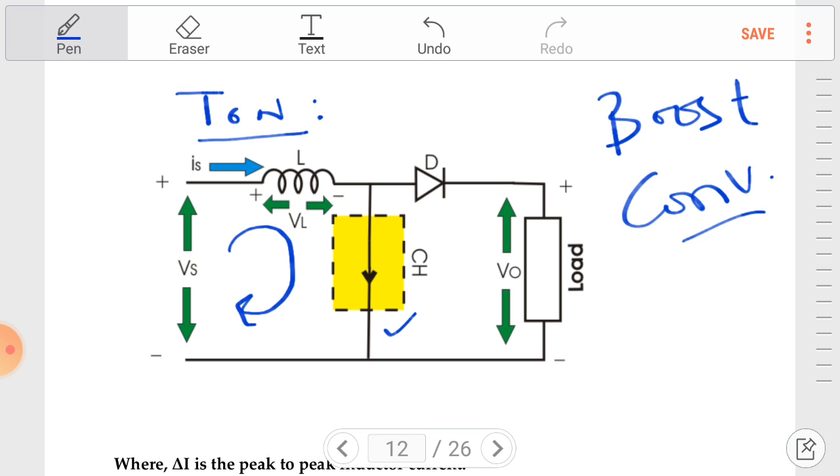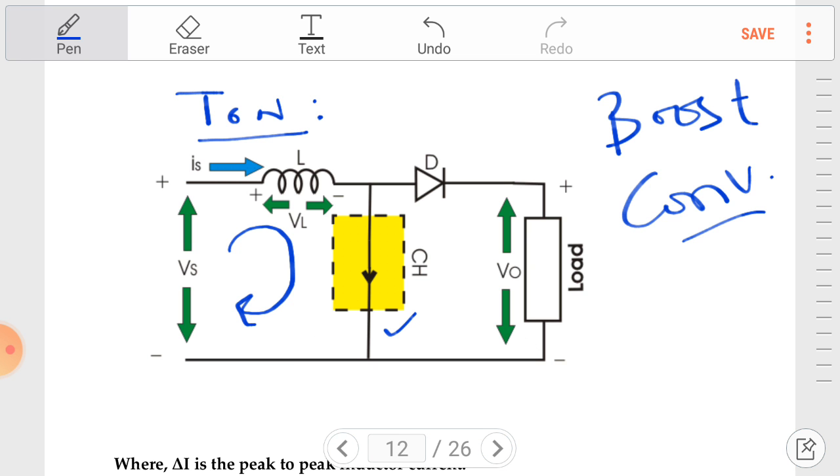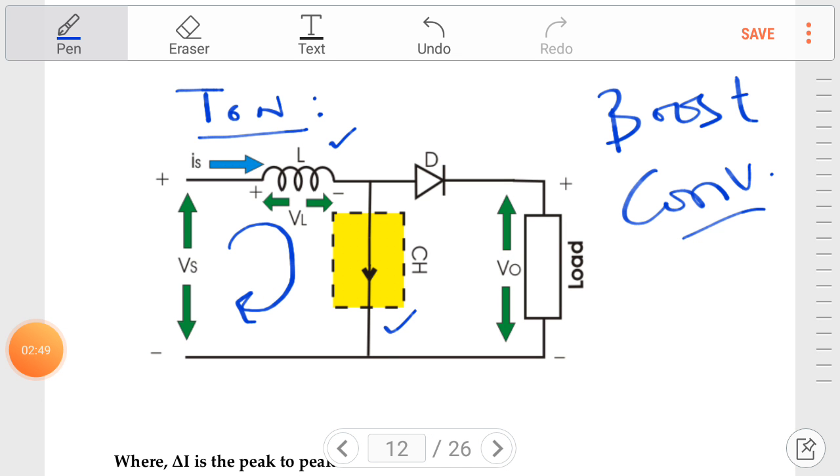It follows the short path through the chopper, and the source current will not flow through the load, and hence the inductance is charging during on time and the current across the load is equal to 0. So this circuit gives equation number one, using the KVL equation Vs equal to VL.